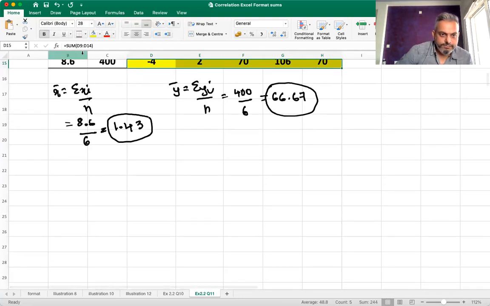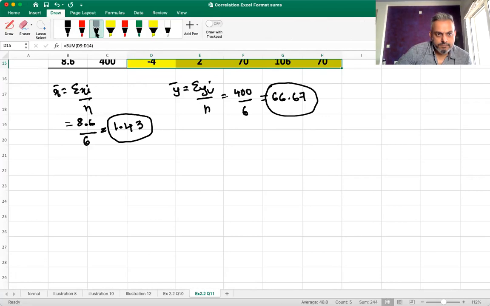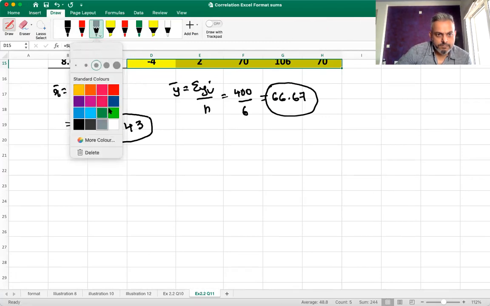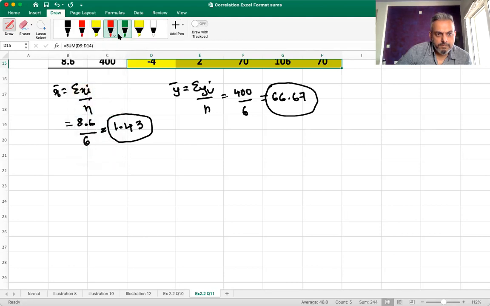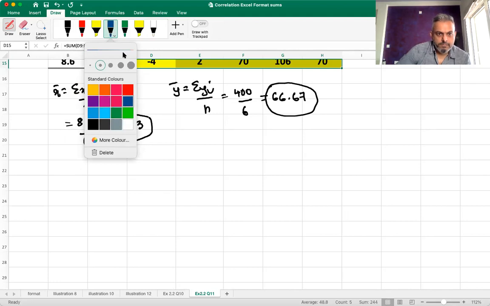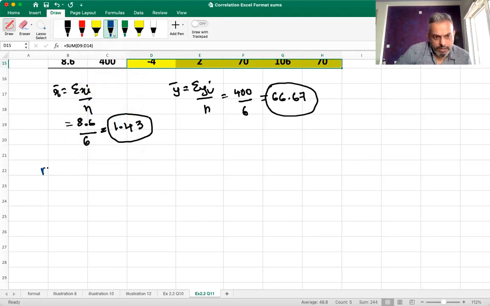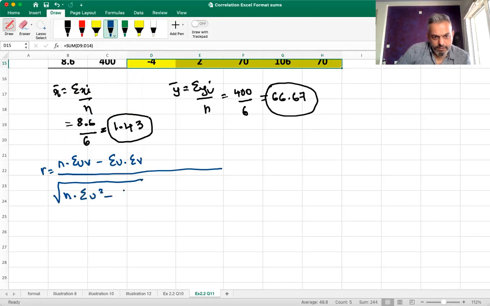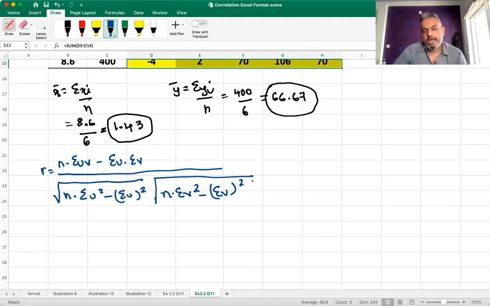Let's write the formula. R is equal to n sigma uv minus sigma u into sigma v, upon under root n sigma u square minus sigma u the whole square, under root n sigma v square minus sigma v the whole square.